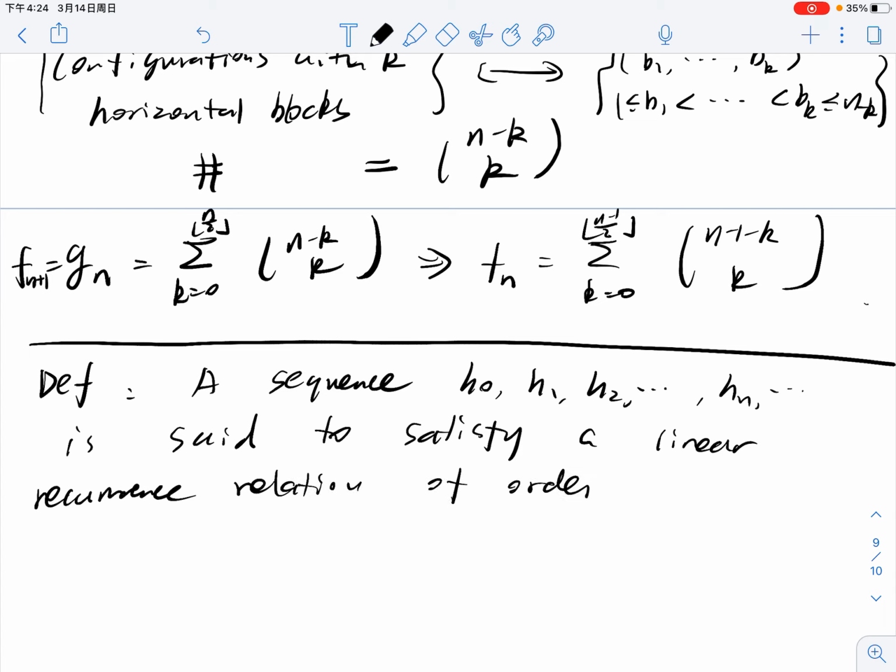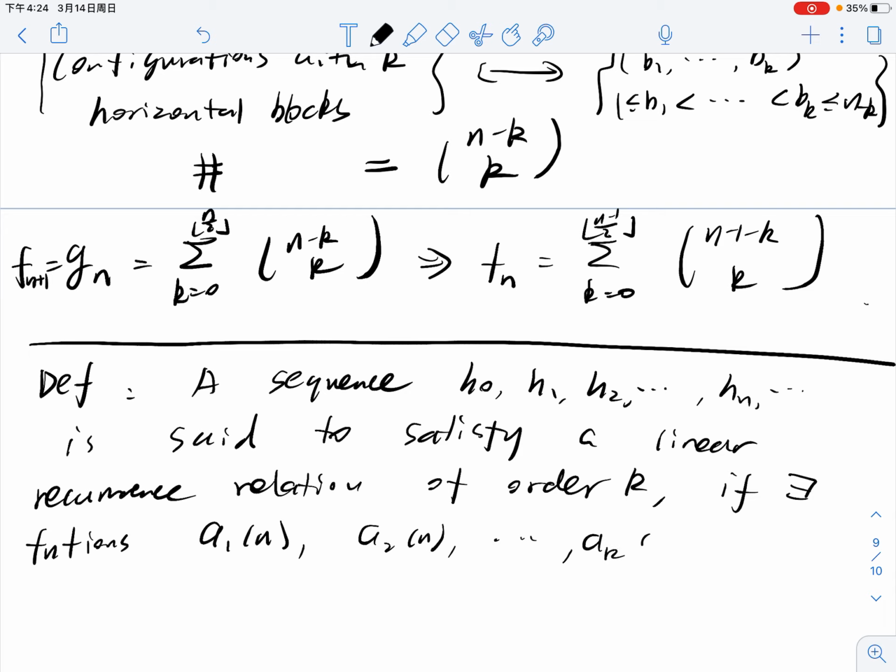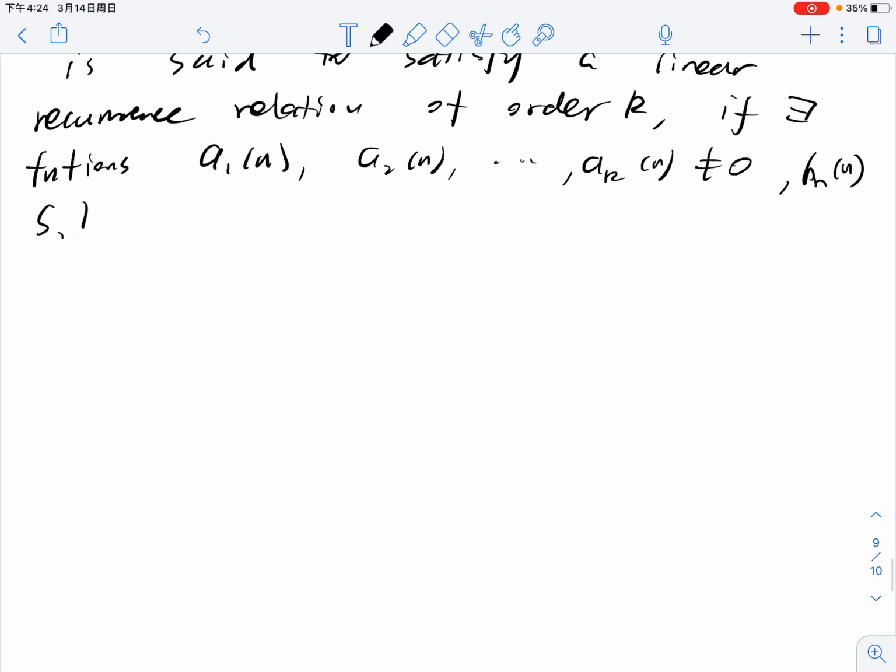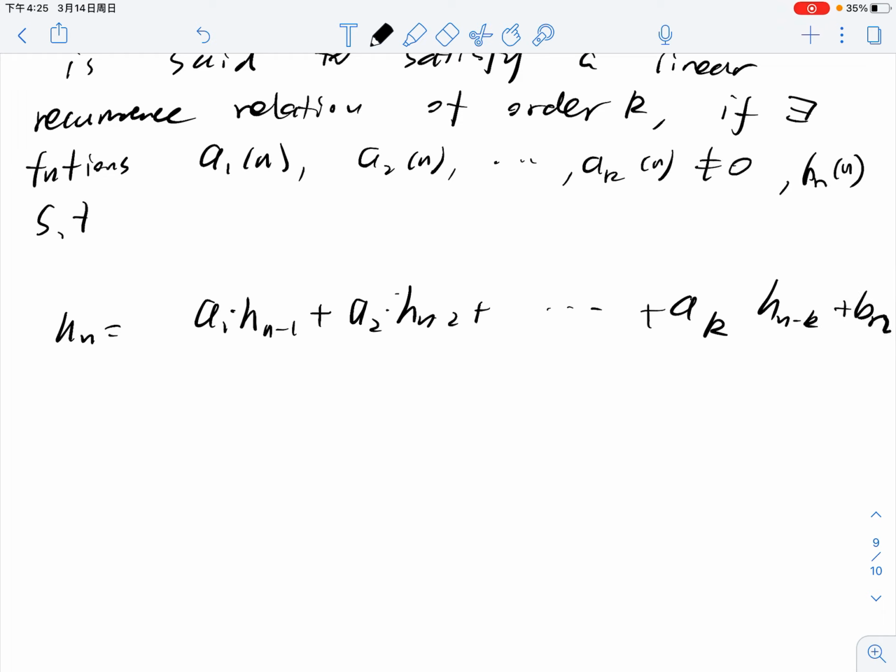of order k if there exist functions a1(n), a2(n), up to ak(n), where the last one is different from 0, and also b(n), such that Hn is a1 times Hn minus 1 plus a2 times Hn minus 2 plus up to ak Hn minus k plus bn, for n greater than or equal to k.